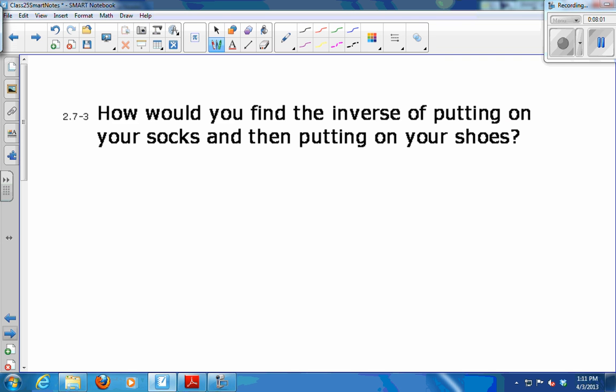All right, so what is the inverse of putting on your socks and then putting on your shoes? Take off your shoes, then take off your socks. Inverse functions completely undo each other. So if my function was put on my socks, put on my shoes, the only way to undo it is to take off my shoes, then take off my socks.